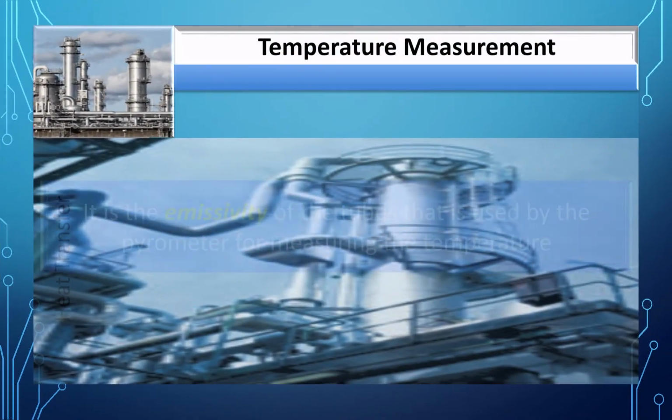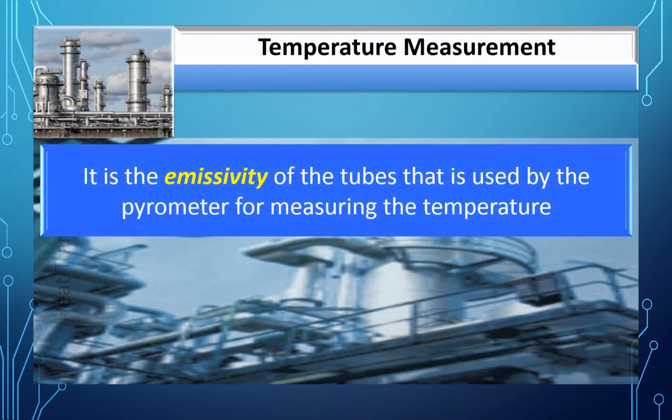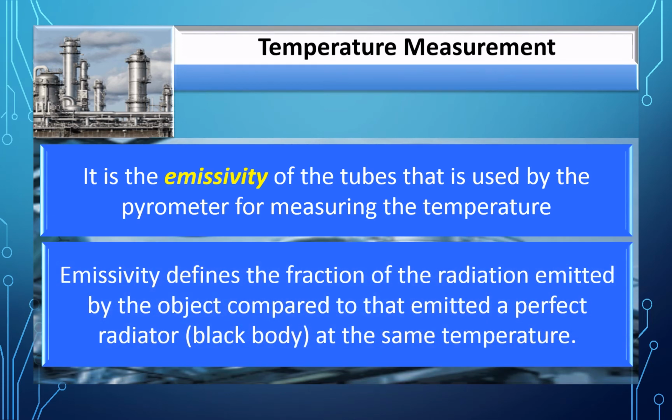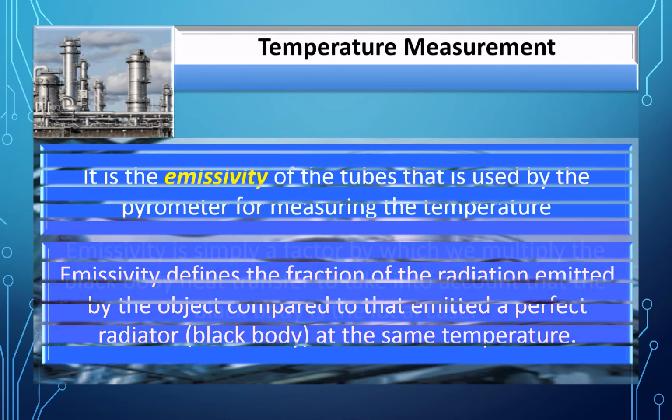It is the emissivity of the tubes that is used by the pyrometer for measuring the temperature. Emissivity defines the fraction of the radiation emitted by the object compared to that emitted by a perfect radiator, that is a black body, at the same temperature.